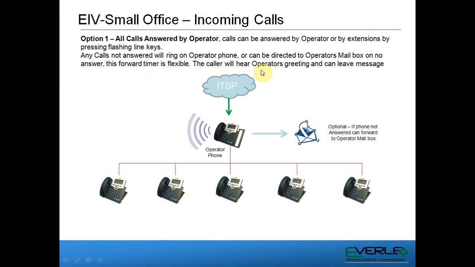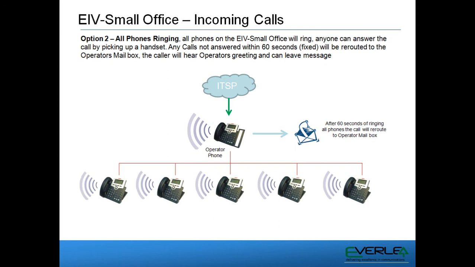The caller will hear the operator's greeting, saying thanks for calling, we are not available right now, please leave a message and we'll get back to you as soon as possible. Beep, and they leave a message. Okay. Next option is option 2, all calls ringing. Now this is the default setting of the system.